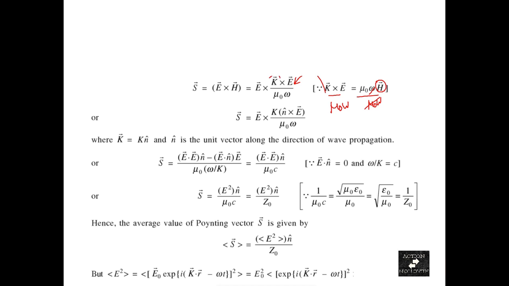Now this K vector is a wave propagation vector, and we know that the electric field vector and the magnetic field vector are perpendicular to each other, and both are perpendicular to the direction of propagation of the wave. So this K basically is in a direction normal to this, and if we denote the direction of K as n cap, n hat, then you can write the K vector as the magnitude of K times n hat.